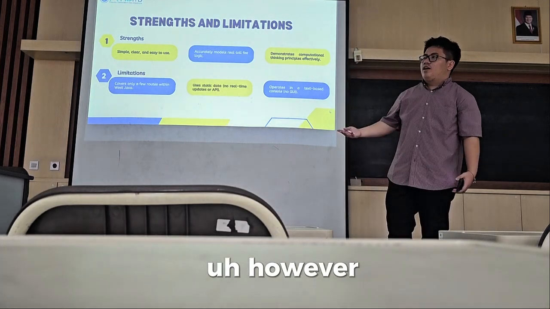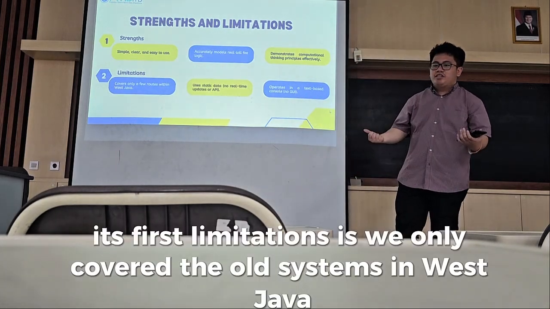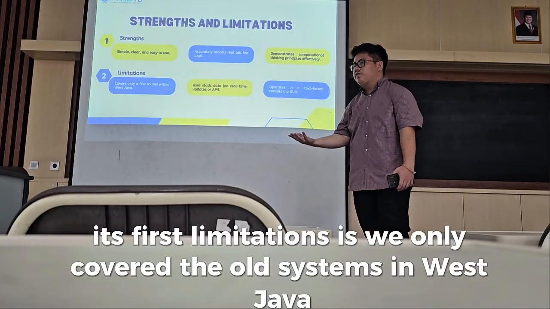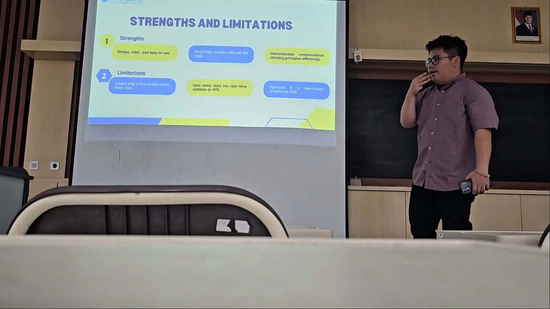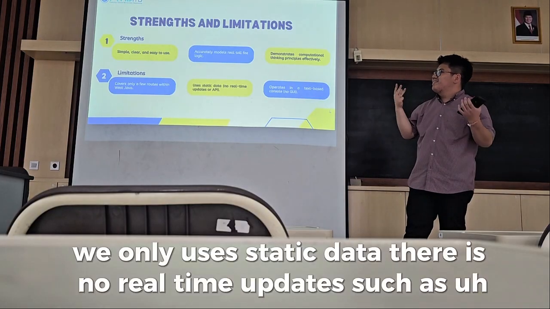However, just like any other thing, it also has its own limitations. So its first limitation is we only covered systems in West Java, and based on the assumptions I made, we only use static data.